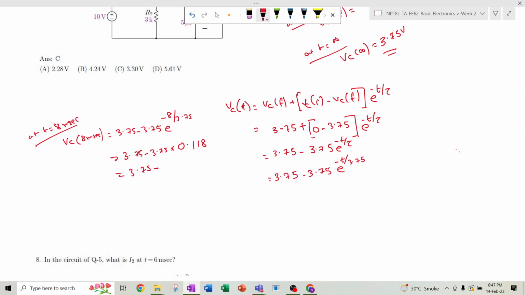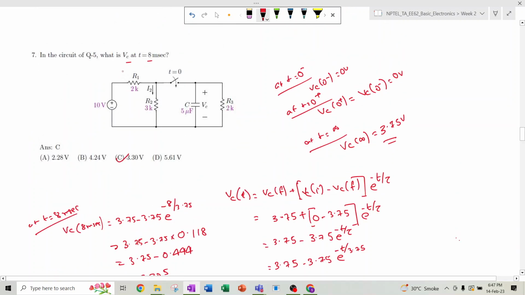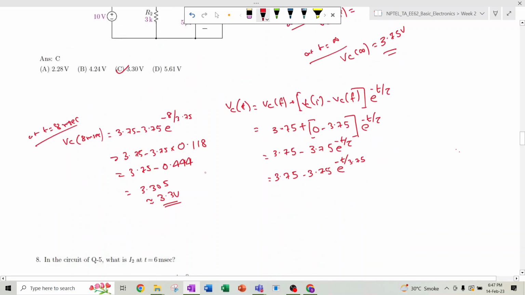So 3.75 minus this multiplication, which comes out as 0.444. If we deduct this, it will come as 3.305, which is approximately 3.3 volt. So this 3.3 volt will be the right answer. At t equal to 8 millisecond, the value of Vc will be 3.3 volt.